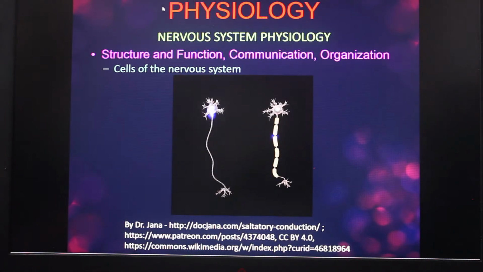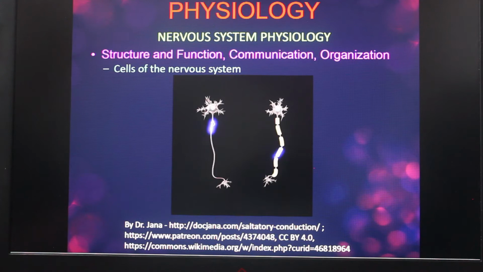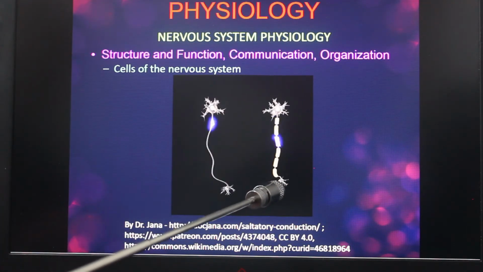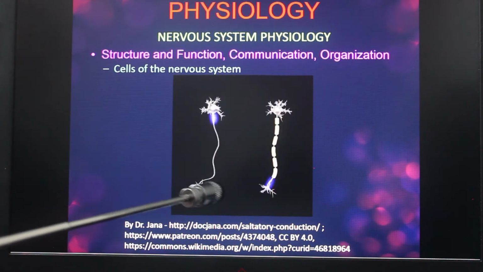Here you can see a GIF representing the myelinated axon of a neuron and the unmyelinated axon of a neuron.